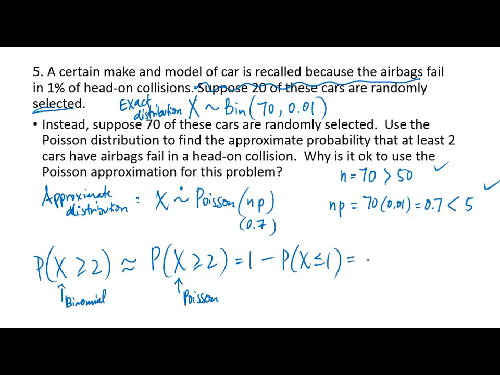And my Poisson probability here is, again, remember, e to the negative mu times mu to the x over x factorial. So e to the negative 0.7 times 0.7 to the x divided by 1 factorial, and then I also need to do that same thing for 0: e to the negative 0.7 times 0.7 to the 0 divided by 0 factorial.